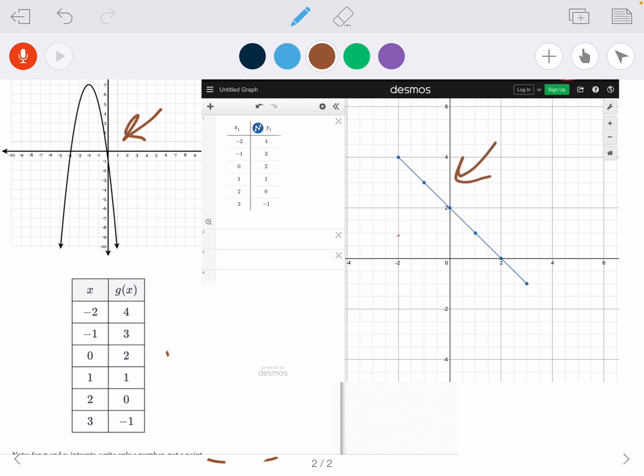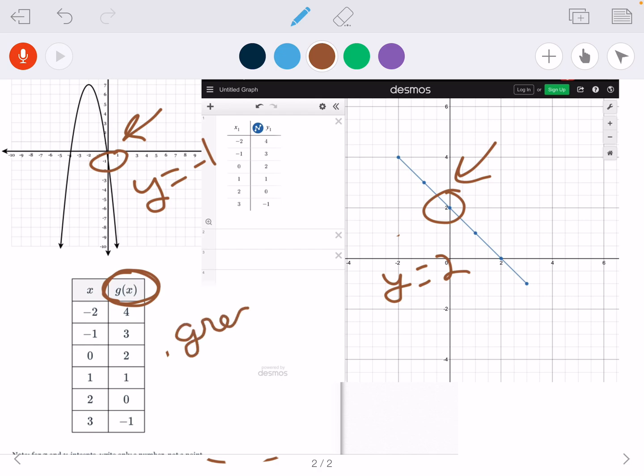I'm comparing this one, looking for the y-intercept first. This y-intercept is -1. This y-intercept is 2. So if you're comparing the y-intercepts here, you would say that g of x has a greater y-intercept, and I believe this is f of x.